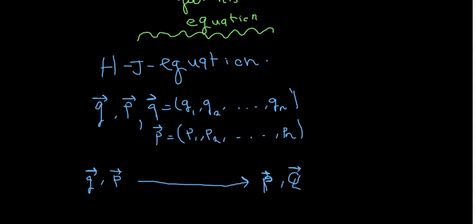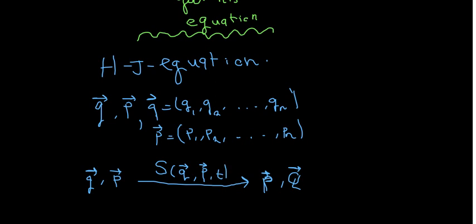And we carry out this transformation through what is called the generating function S. And this generating function will be a function of one of the old canonical variables, and I'm choosing here to be the vector q, and one of the new canonical variables, I'm gonna choose that to be the vector capital P, and t is a function of time as well.